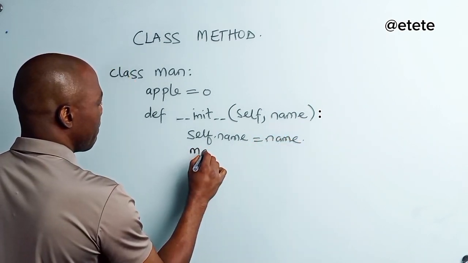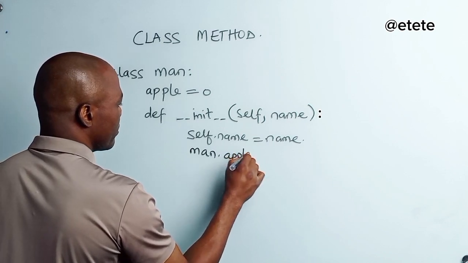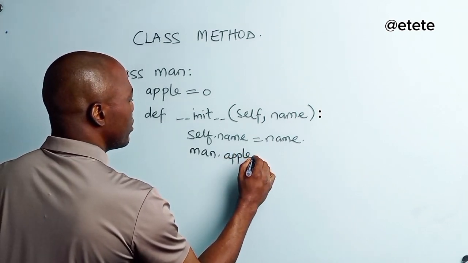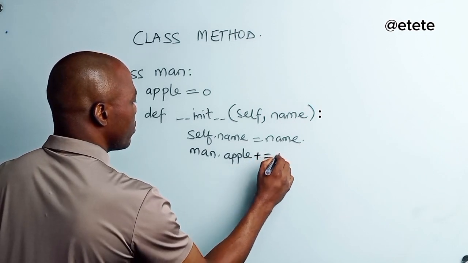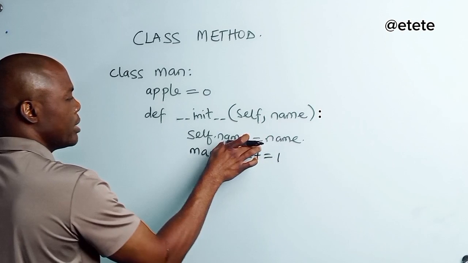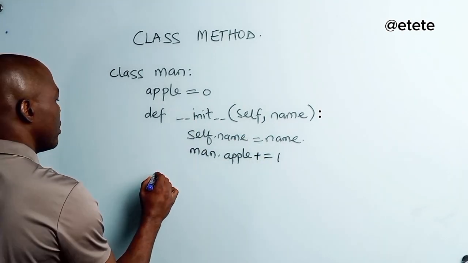Then man.apple plus equals 1. That is, we increment it. So after we instantiate this name, we also carry out this one. Okay, so that is done.